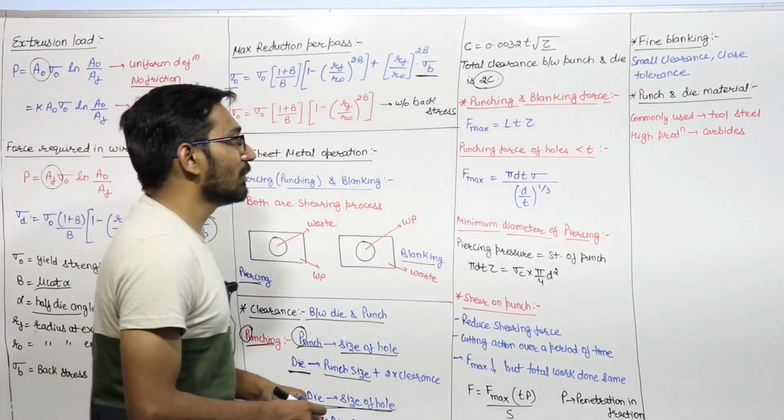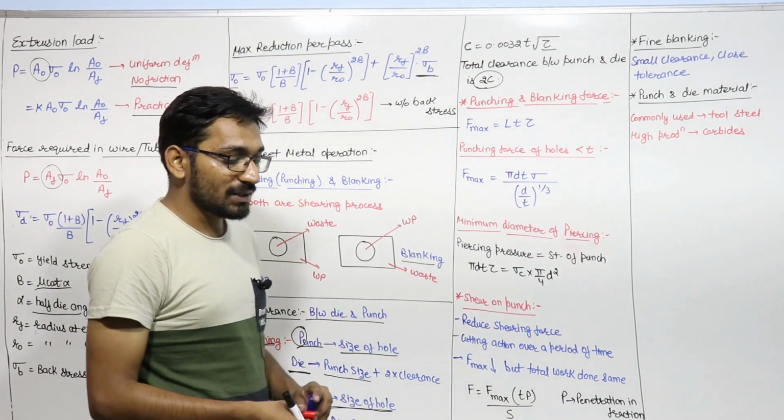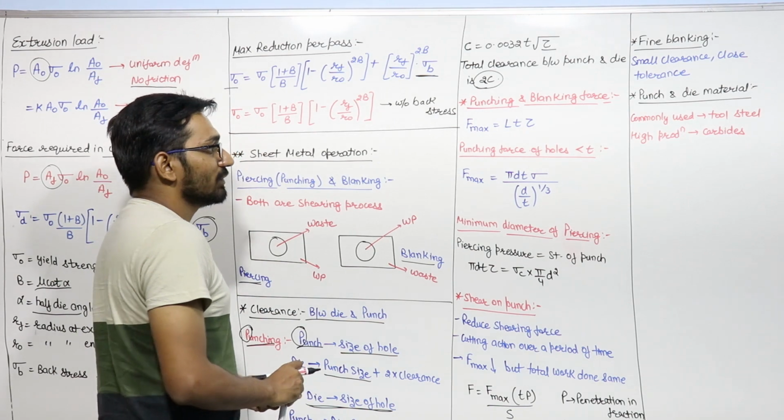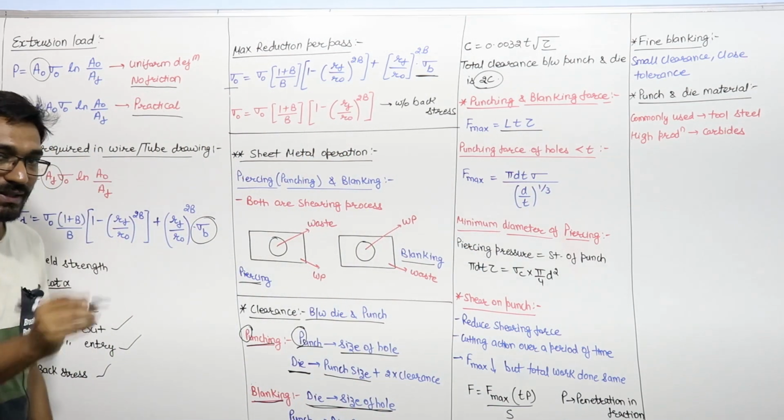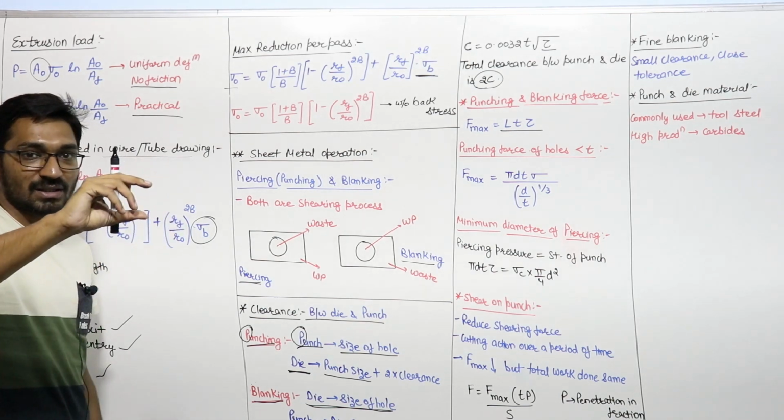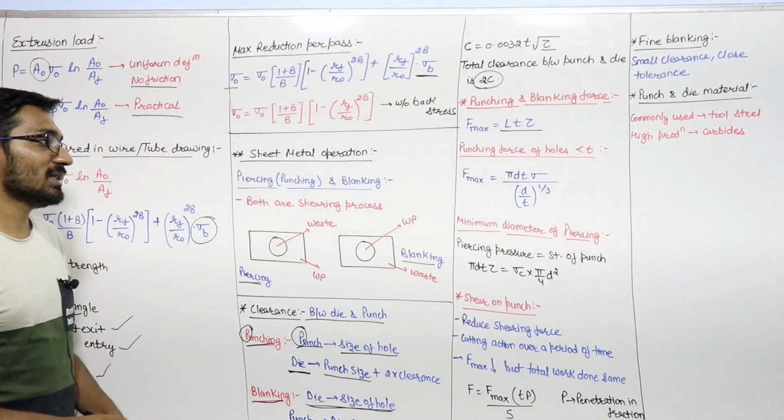If we are asking what the force exerted during punching and blanking is, the force will be equal to L T into tau, right? L is the length of the punch, T is the thickness of the sheet, and tau is the shear strength.